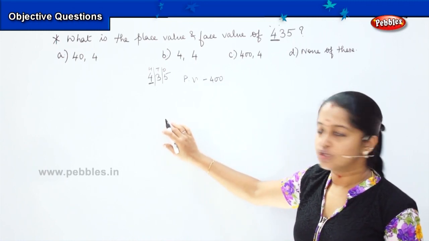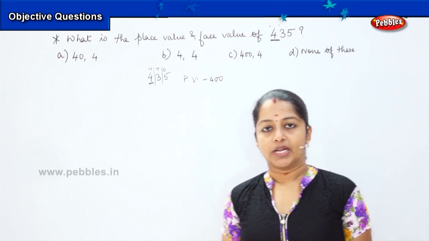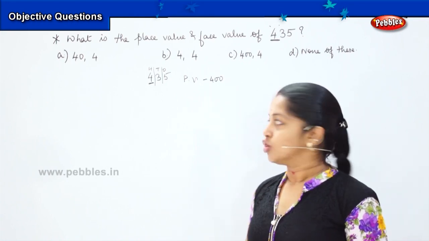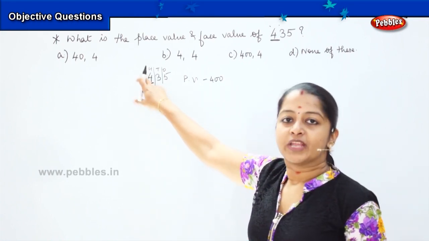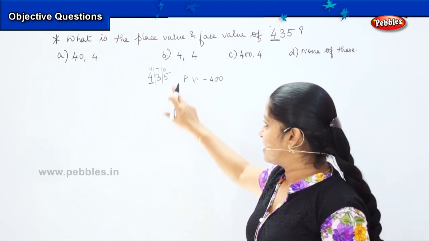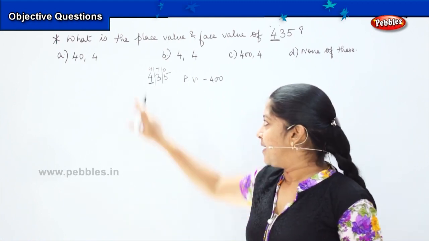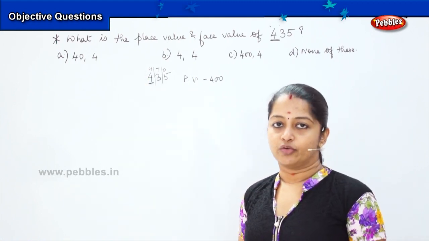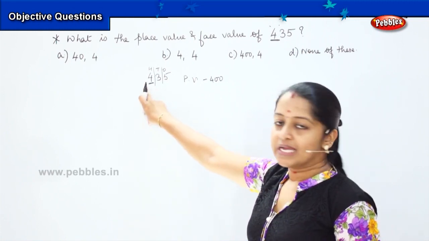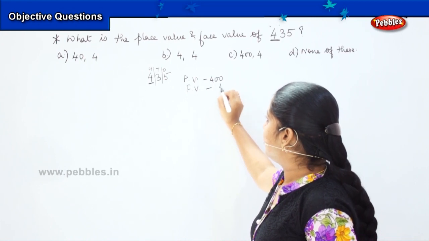And as I told you, the face value of the number will not change and it will remain as it is. So if it is being asked 4, it will remain 4. If it is asked for 3, it will remain 3. If it is asked for 5, it will remain 5. So the face value will be exactly the number which we have to find. In this case, it's being asked as 4. So my face value will be 4.